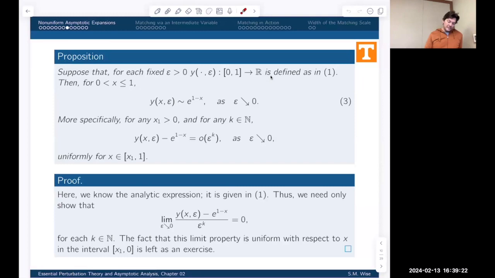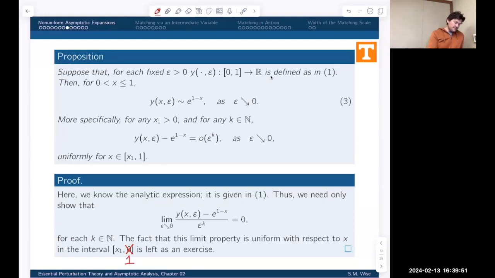Now, we have these notions of uniform convergence. We can actually show that this limit is uniform in x if we restrict our x to be some finite number, x1, up to, that is wrong. Little typo there. This guy here should be a 1.